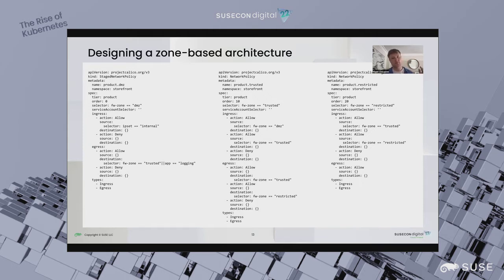But basically, we want to secure a backend database to make sure it can't have communication with public internet. So we create a first policy on the left, and it's saying anything with the FW-zone label, which is equal to DMZ, which is the key-value pair match. It's allowing traffic from an IP set, a list of IPs that is referenced with the label IP set equals internal.